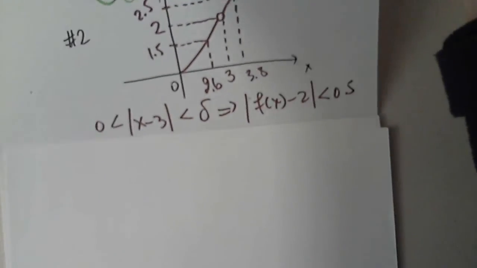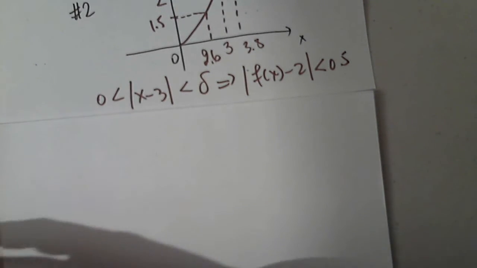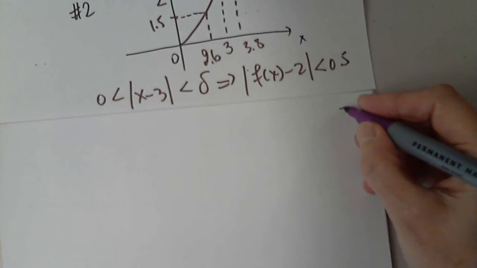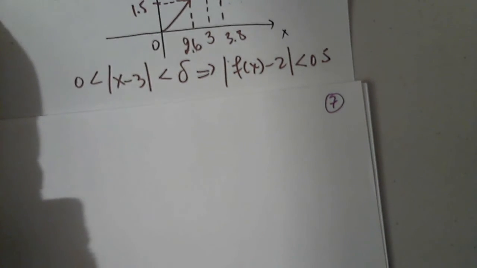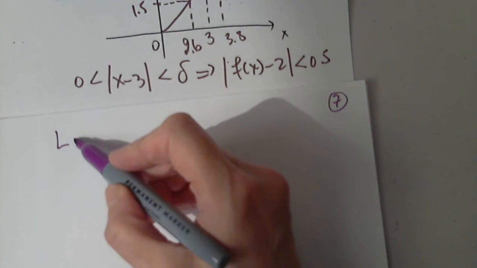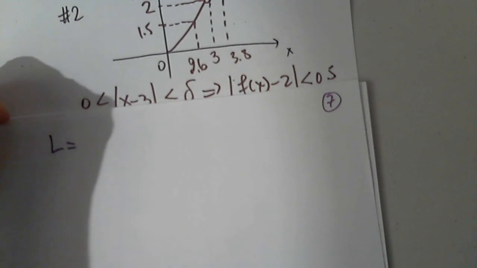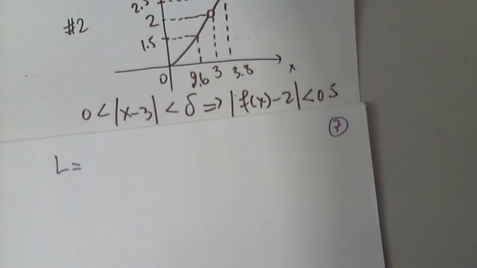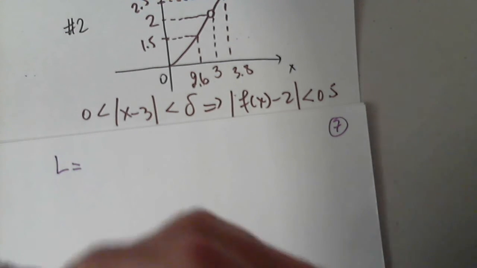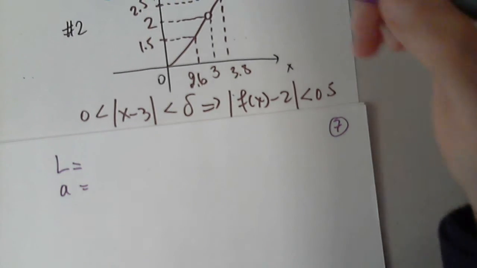Can anyone identify, first of all, the limit for us? Let's go slowly and identify different items. Can you still see? Let me know. Can anyone identify a? This is the function, but we don't have it.